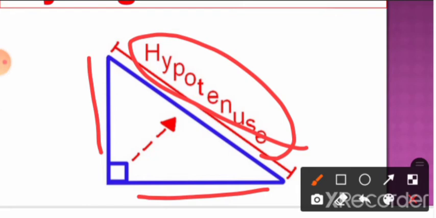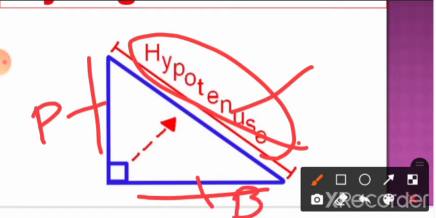The side opposite to the right angle is known as the hypotenuse of the triangle. So in this situation there is a hypotenuse, a perpendicular and a base side. So the total number of sides is 3: hypotenuse, perpendicular and base.